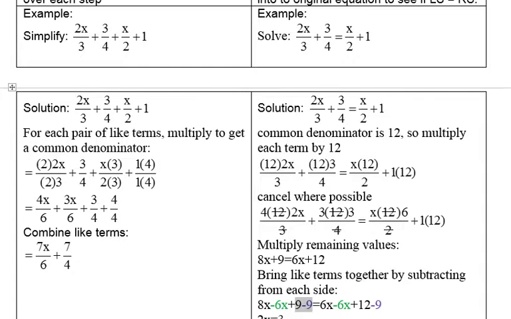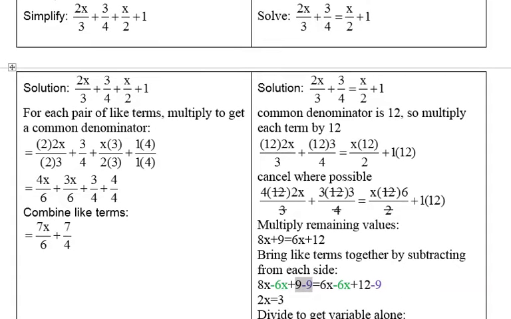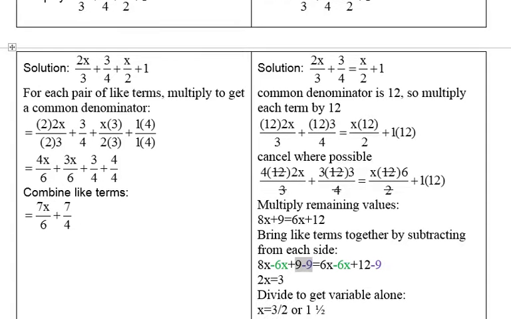So we end up with 8x minus 6x gives us 2x on the left side, and 12 minus 9 gives us 3 on the right side. We're not completely done till x is completely alone, so we divide both sides by 2 in this case. So we get x equals 3/2, or 1.5.